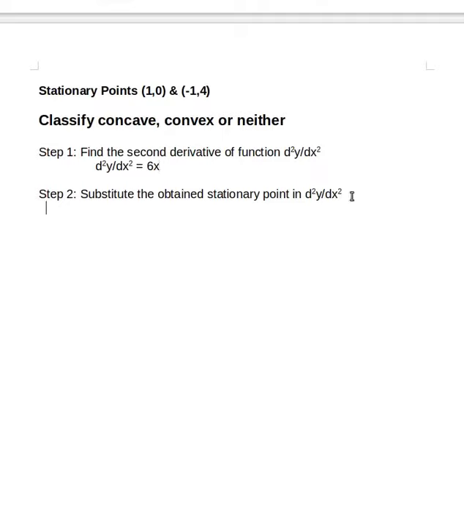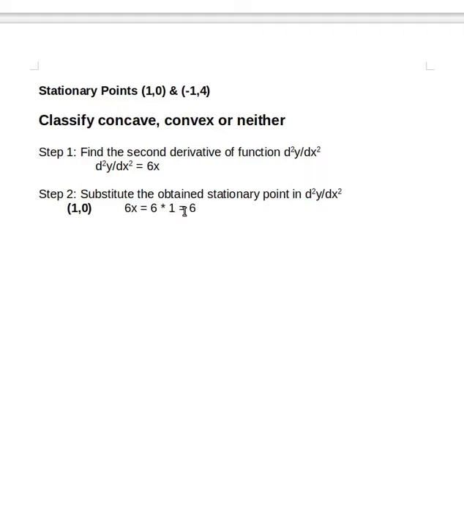We get the second derivative as 6x. If we substitute the value of x, then we will get 6 into x. As we have two stationary points, when we consider this particular stationary point, what we will get is 6 into 1. We are substituting the value of x, so we get 6.